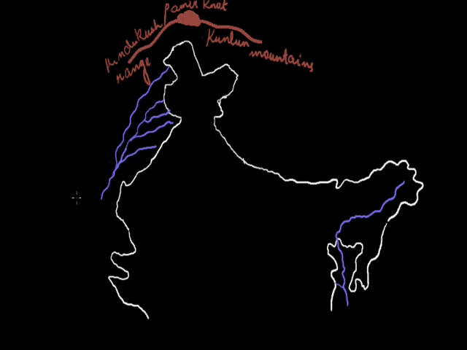In the map you can see to the west we have the Indus River. Other rivers are also over here. This is the Jhelum River. This is the Ravi. And here it is the Satluj. In the east you can see that this is the Brahmaputra River.